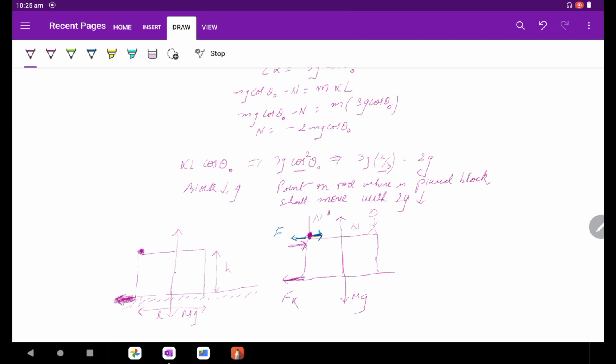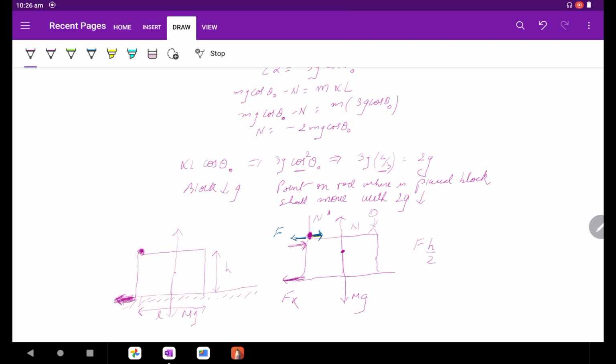Right. Now what I do, I write the torque equation from the center of mass of the block. F is to produce what torque? F into h by 2, which will have a sense clockwise. Then what we have next, think about it. We have Fk as well to produce clockwise sense.